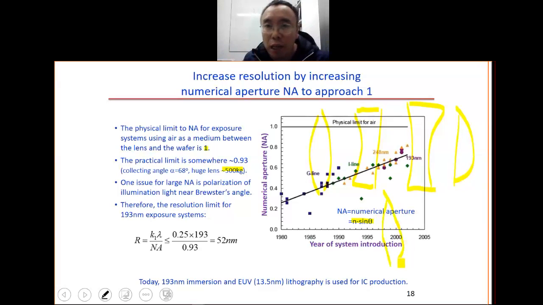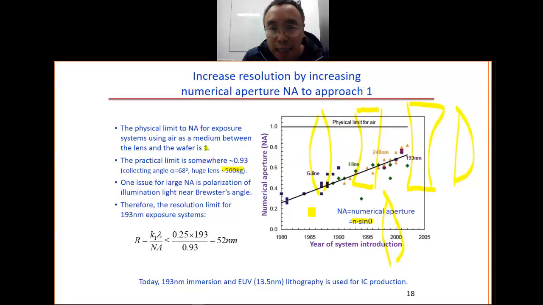But because you can modify each surface, you get smaller aberration of the lens. It's the same thing for lithography. There are many lenses to get smaller aberration. We have so many lenses that it can be really big, 500 kilograms.